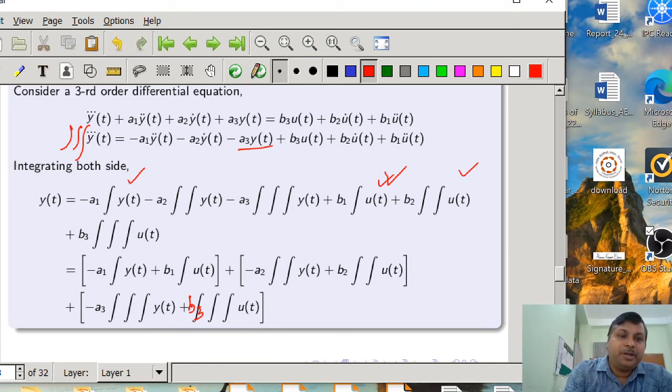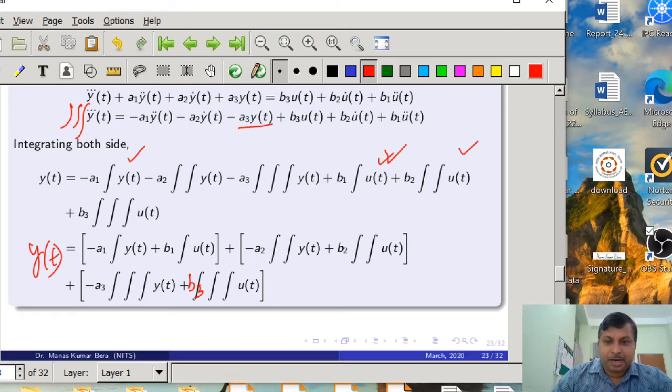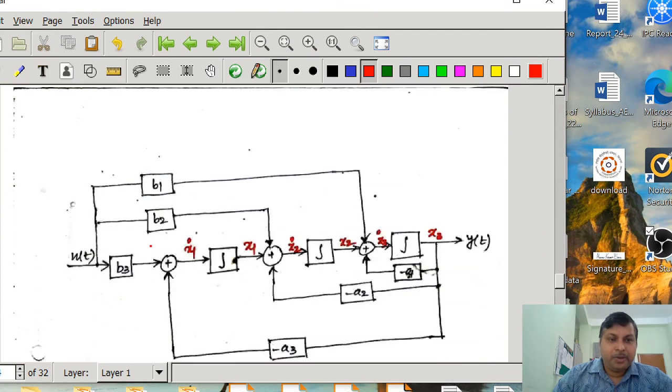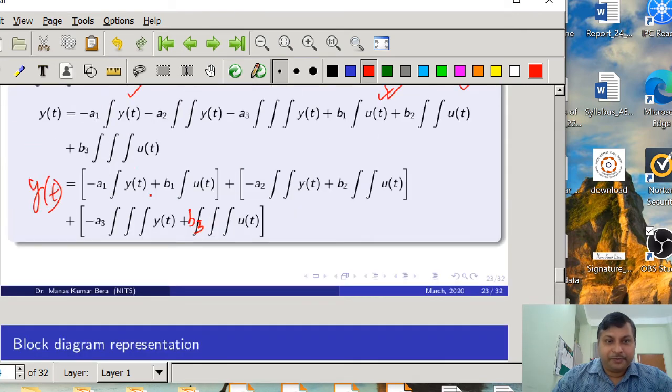So now we will try to represent this last equation for y(t) in terms of a block diagram, and from the block diagram we will try to define the state variables. Now if we want to do that, how can we represent it? We will start with u(t). We have started with u(t), and the end must be with y(t). Now we are trying to implement the first term, minus a1 into y(t).